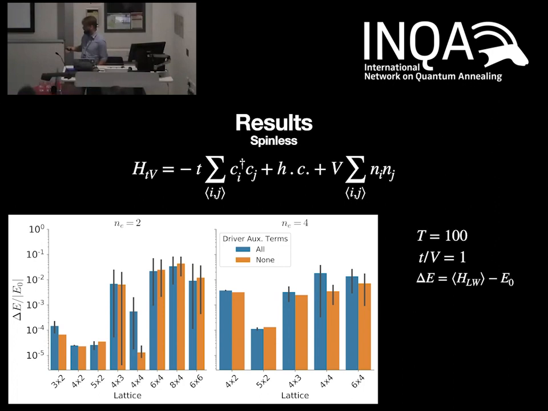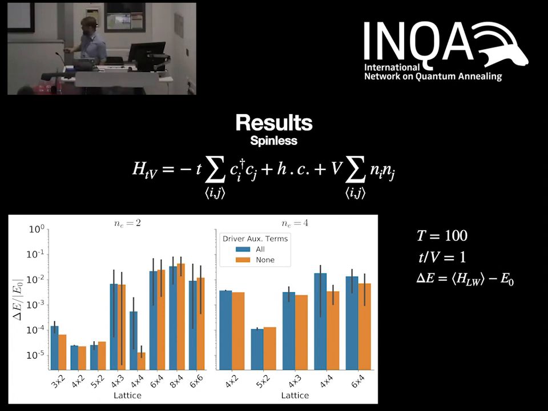So this shows that in general you don't need to introduce non-local terms in drivers, so you can restrict purely to local drivers, meaning that the hardware components will be easier because it's way easier to implement purely local terms. The black bars are the minimum and the maximum over different configurations of the driver.